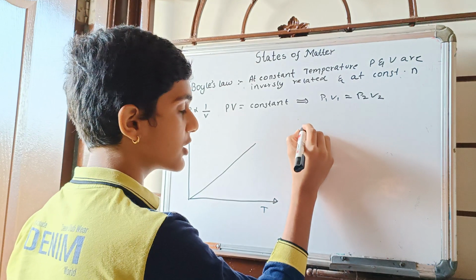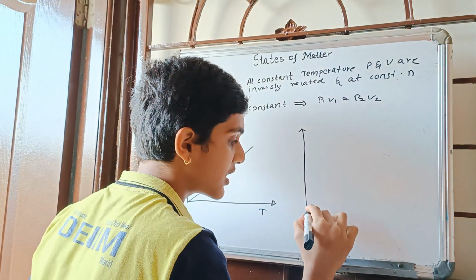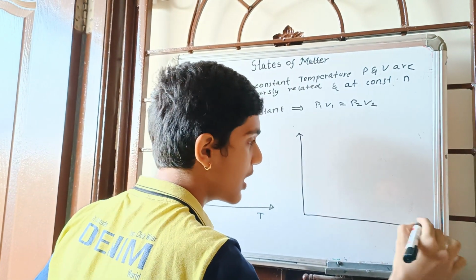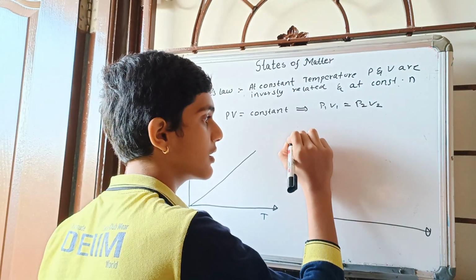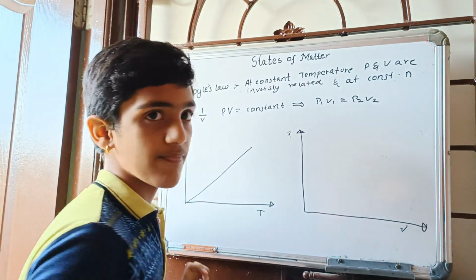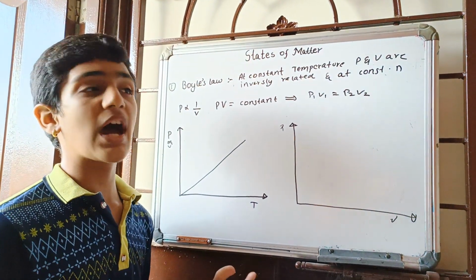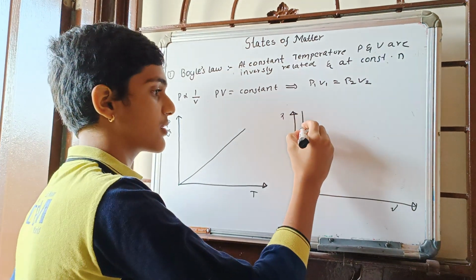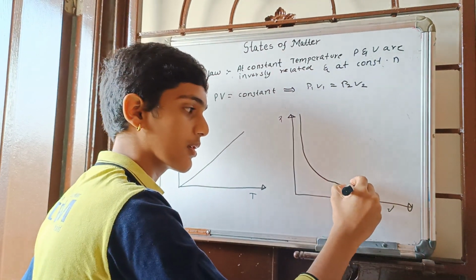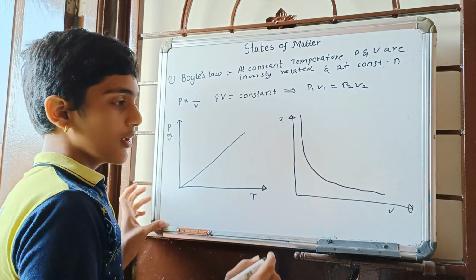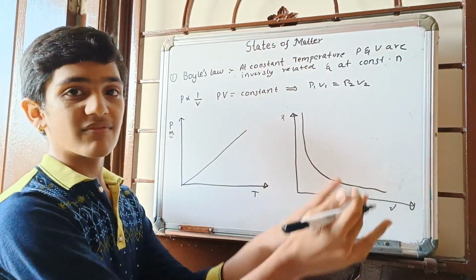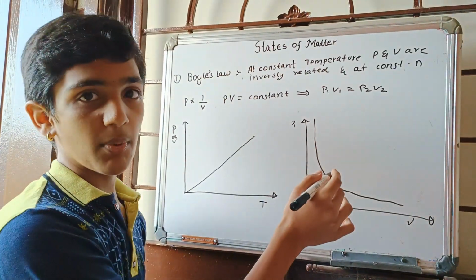Now, what happens if we plot a graph against pressure and volume? Well, we'll get a rectangular hyperbola. It looks something like this. This is the P versus V graph. Why is this a hyperbola?